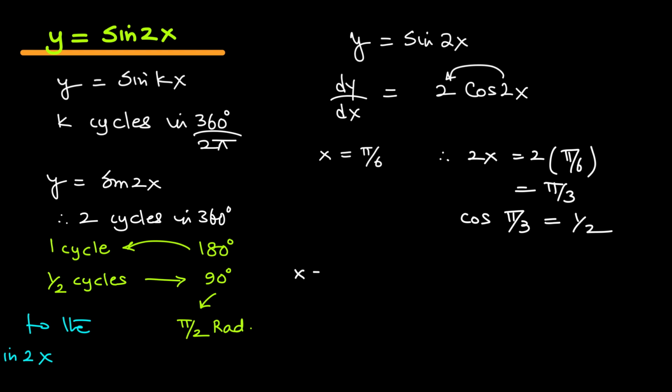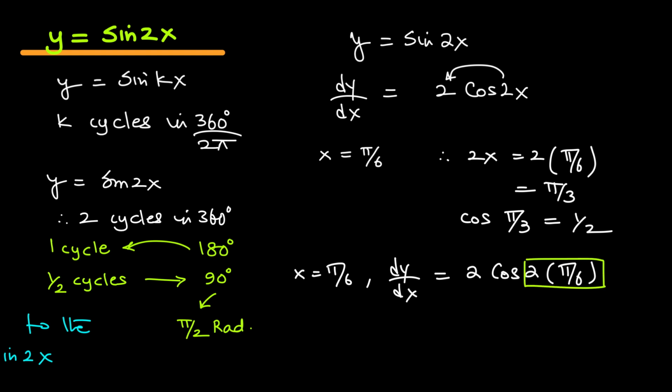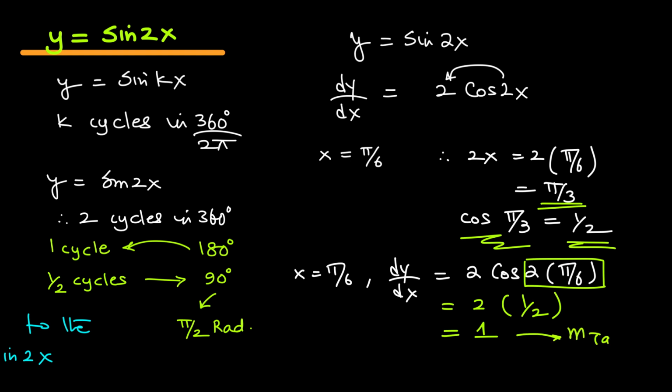So when x is pi by 6, dy by dx is 2 times cosine of pi by 3, which is 2 times half, which comes out to be 1. This is the gradient of the tangent to the curve.